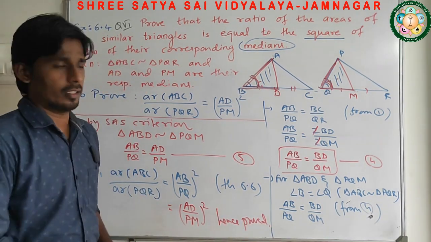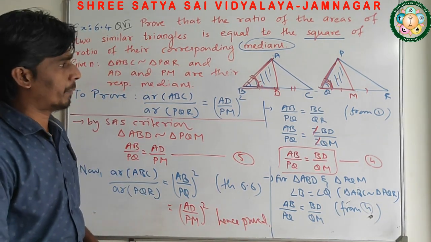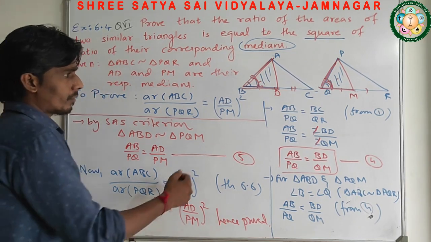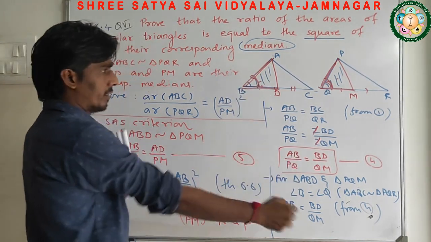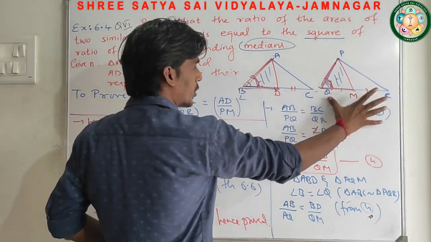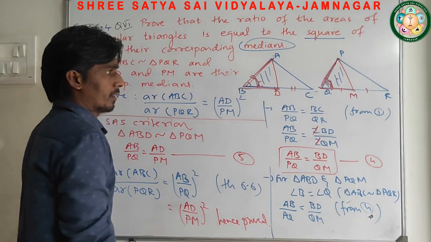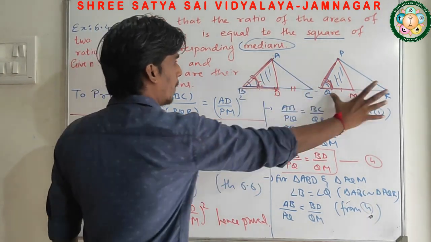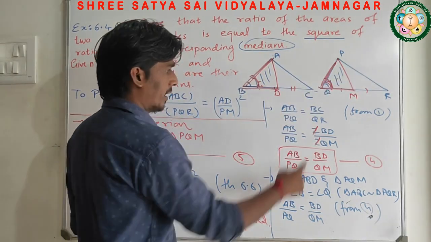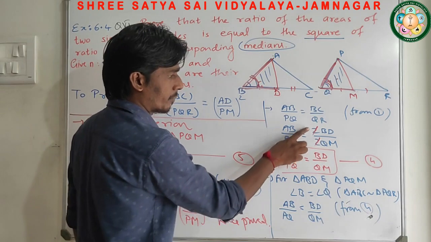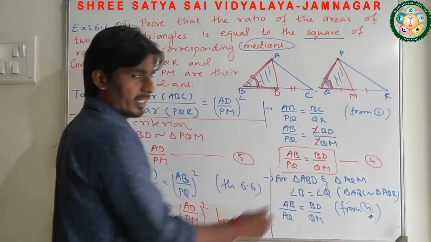So this whole proof divided into 2 or 3 parts. So first of all, what we have done, we just proved that this BC is what, 2 times BD, and this QR is what, 2 times QM. Then we take the ratios of AB upon PQ, BC upon QR, AC upon PR. By using this ratio, replace the value of BC and QR to get cancelled. I got the ratio.